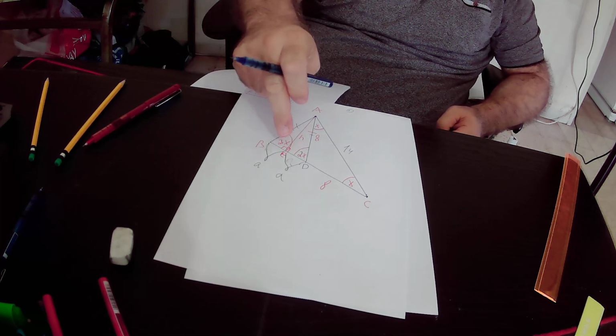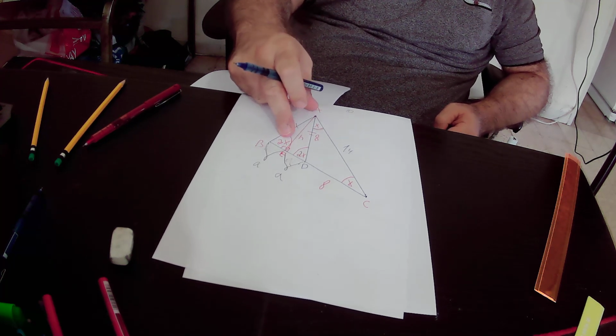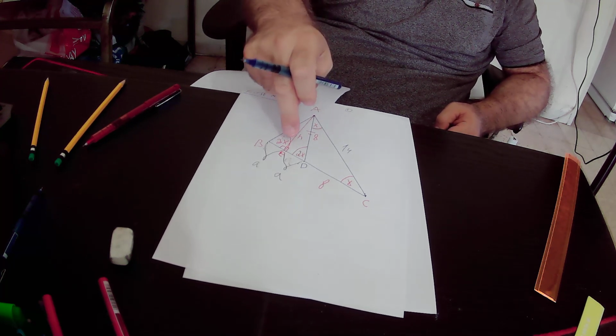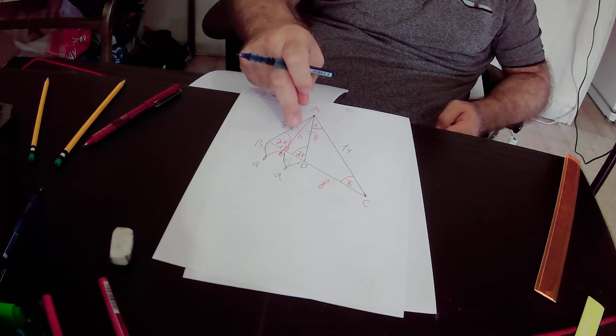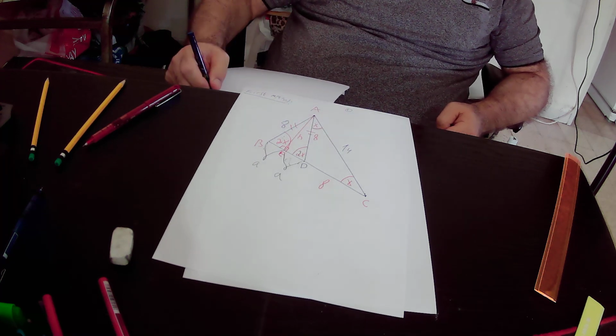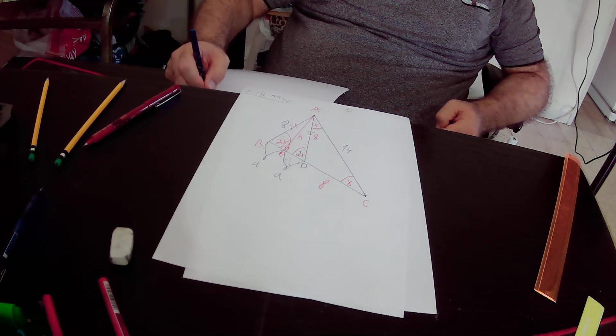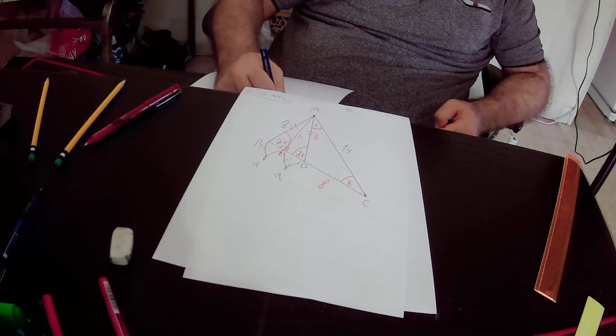The height must create 90 degrees with the base, and indeed edge AE creates 90 degrees with the base BC. Therefore, AE is indeed the height of triangle ABC. The base times the height to the base over 2 is the area of any triangle.